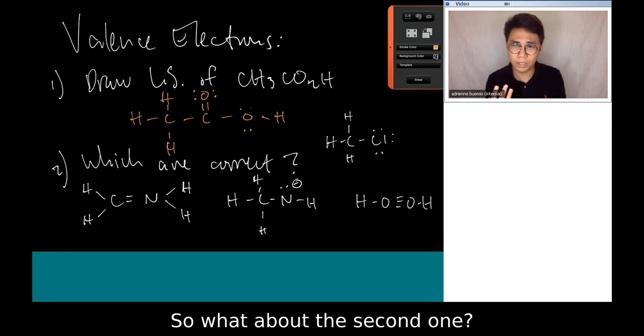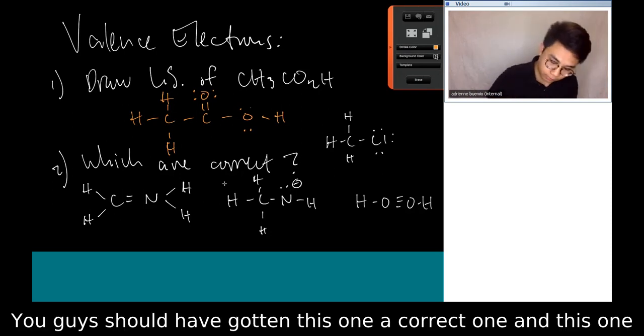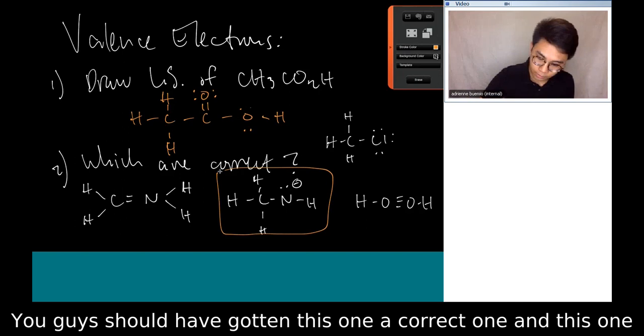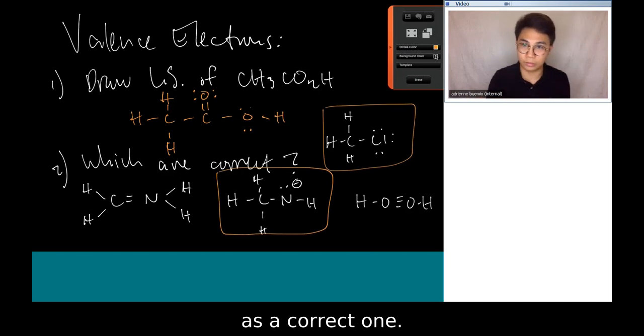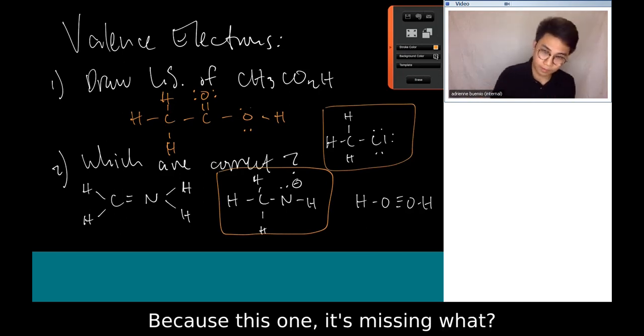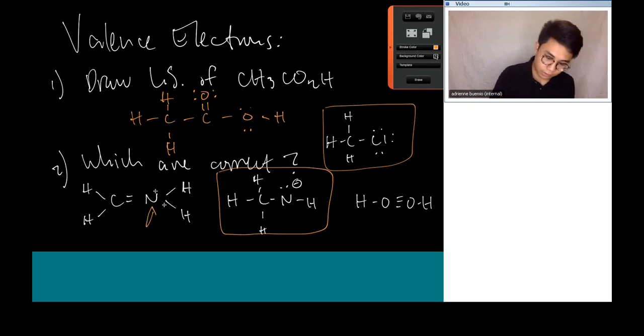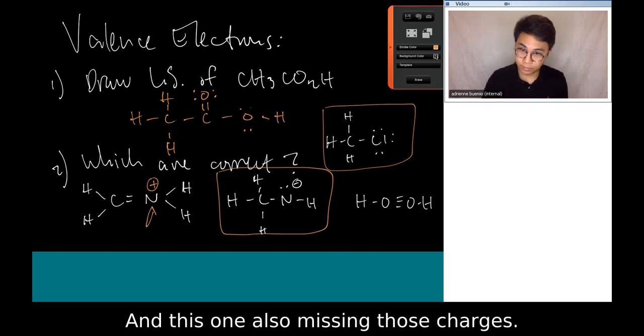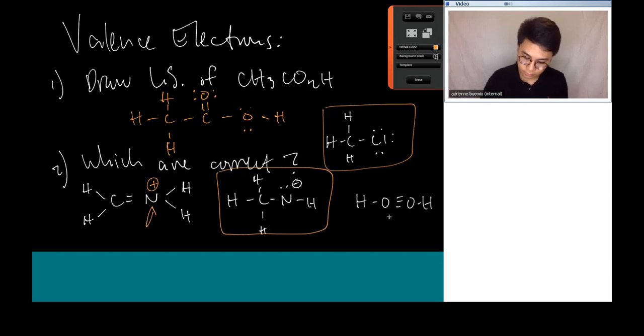So what about the second one? You guys should have gone with this one as a correct one, and this one as the correct one. Because this one is missing this charge here, and this one is also missing those charges, which would have been positives as well.